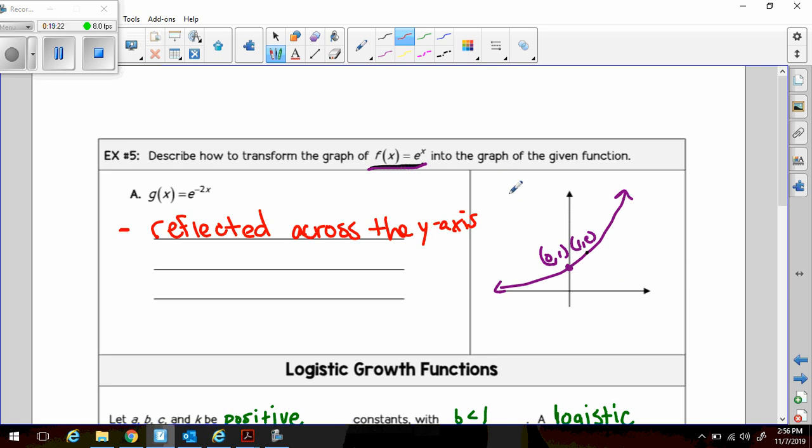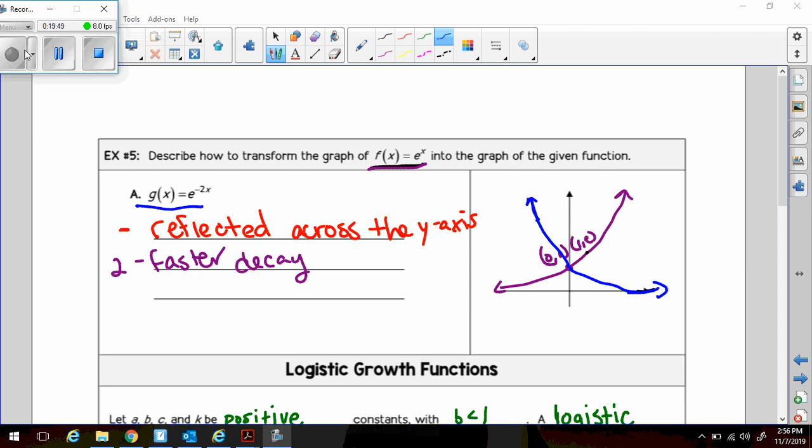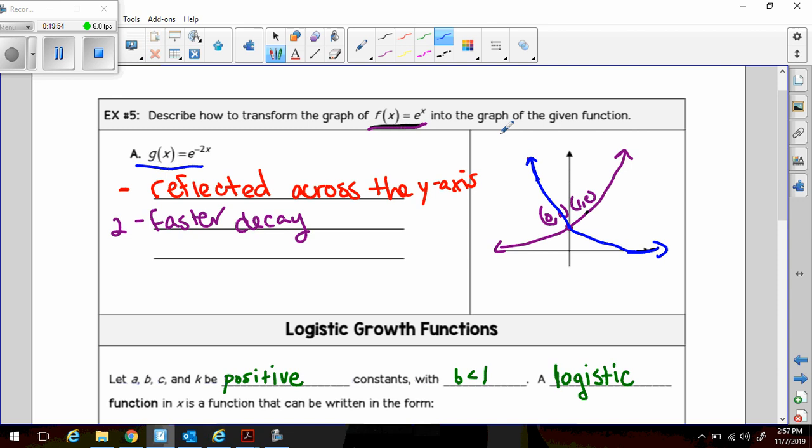It's going to look like this, and the 2 part is going to decay faster. Faster decay. It's going to go down quicker. Let me just change color. This is going to be in blue, okay? It's going to be something like quicker. Still goes through the same point, 0, 1. So that is going to be g of x. It's good to label it.